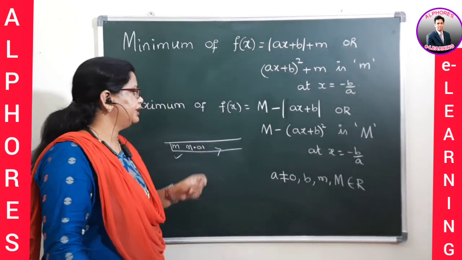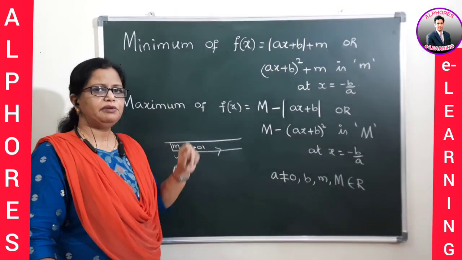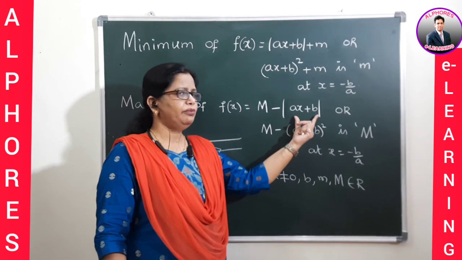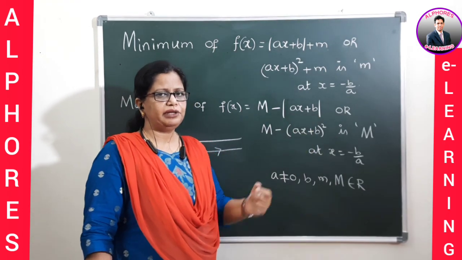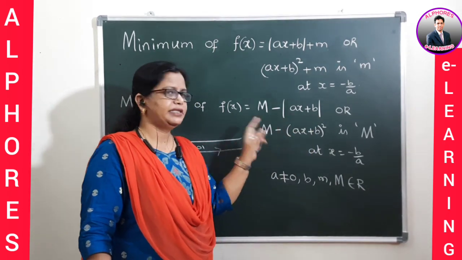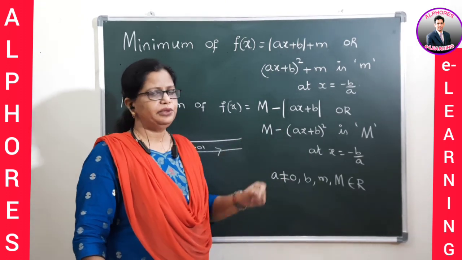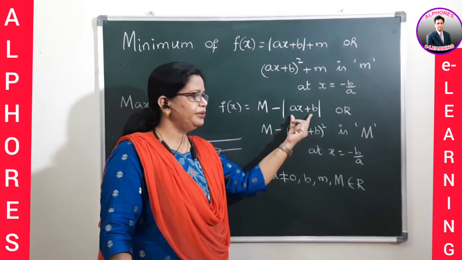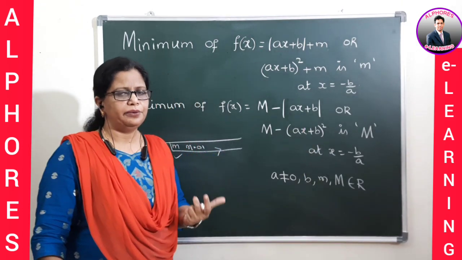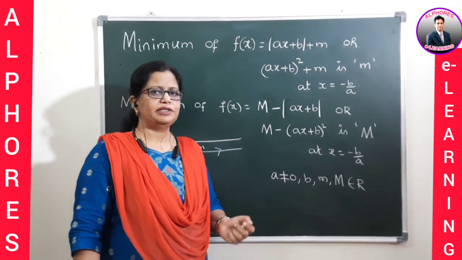And next, suppose I am taking the maximum value. Before the modulus or before the perfect square you should have a minus symbol. Once you have the minus symbol, clearly you can understand you are going to get a maximum value. How can we say again it is the maximum value?